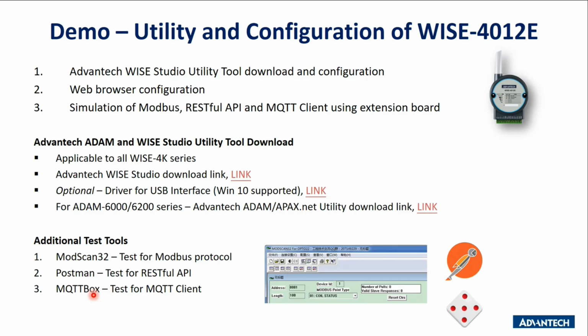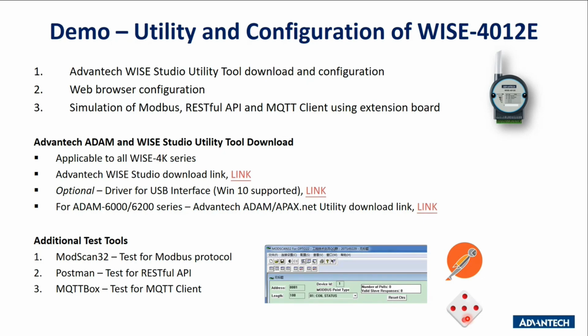But for MQTT, if you really want to test it, there are actually 3 parties, right? One MQTT client will publish the data and send it to the MQTT broker side. Another MQTT client will subscribe to the data, right? So this MQTT Box I will use for publishing and subscribing for the MQTT client.